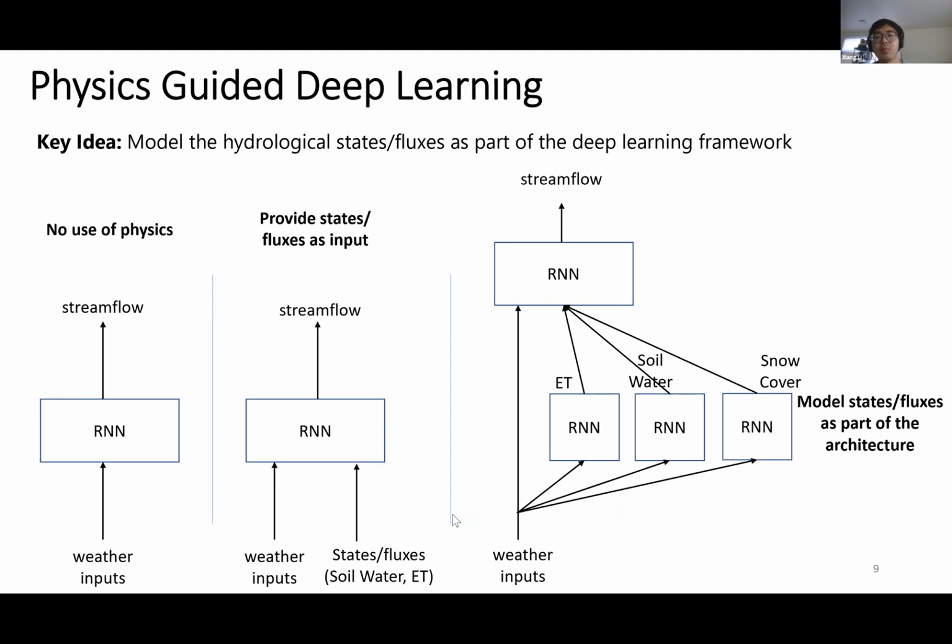So we model the states or fluxes as part of the machine learning architecture and use those predicted hidden variables as input to the next layers of the machine learning model. This way they're designed in a hierarchical way that corresponds to how weather data are linked to stream flow.